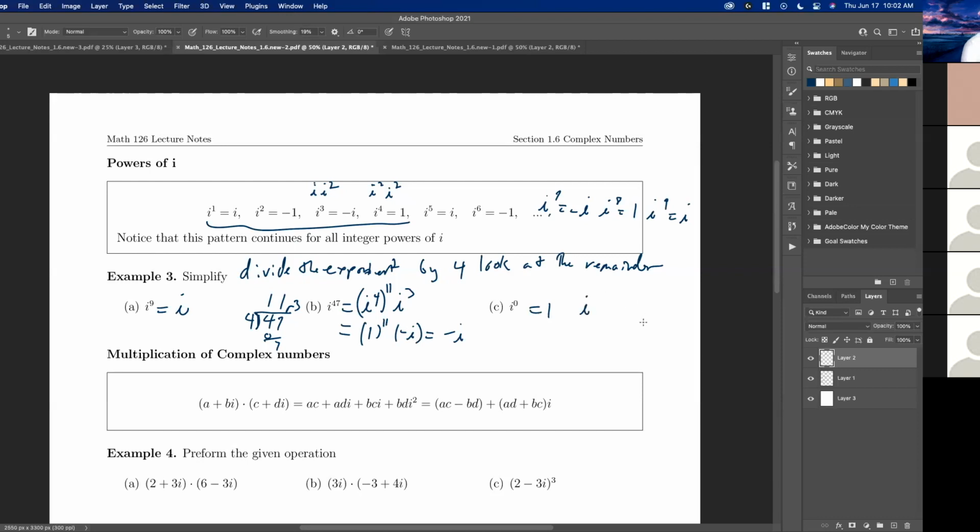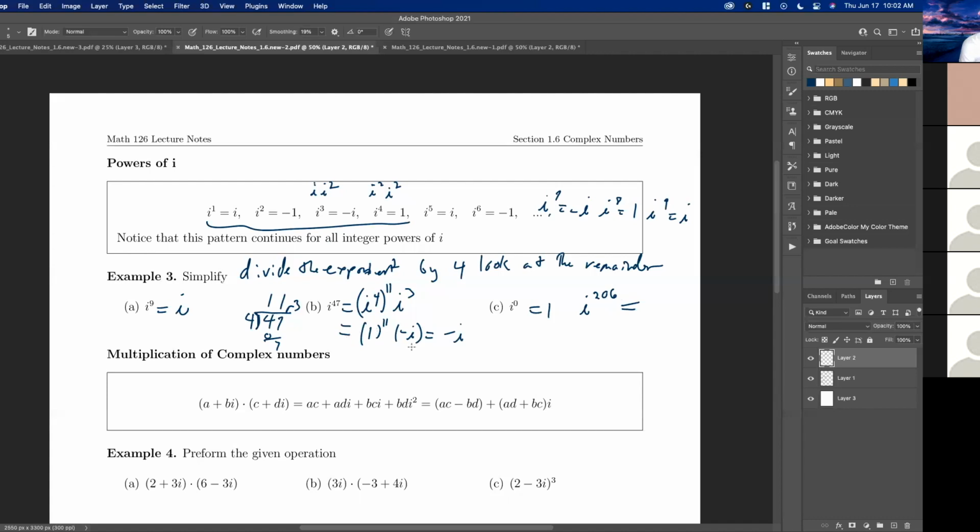Let me do one more, i to something ridiculous. Let's say the 206 power. What's i to the 206 power? Well, if we divide this by 4, we'll have a remainder of 2. You should be able to do this in your head. 200 goes cleanly into 4, and then another 4, so this has a remainder of 2.